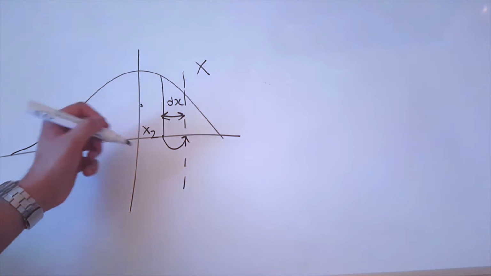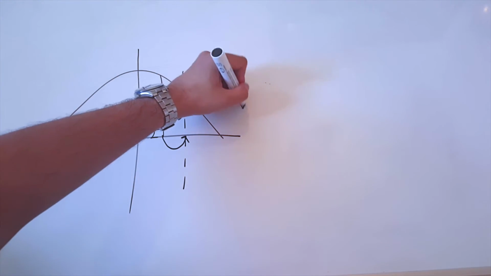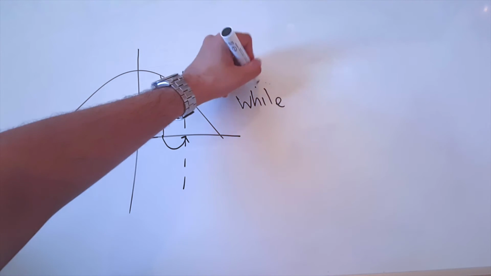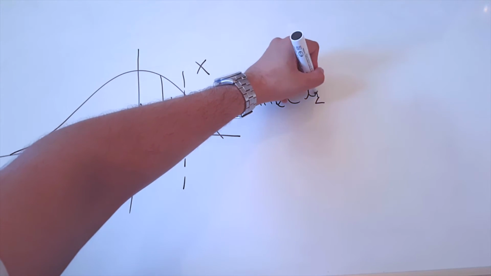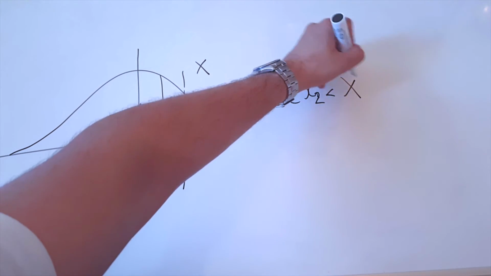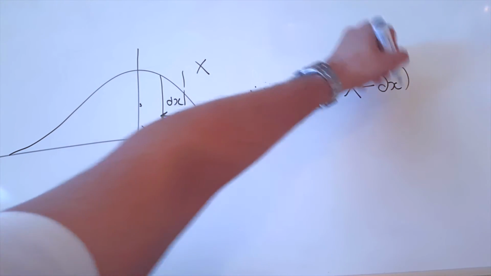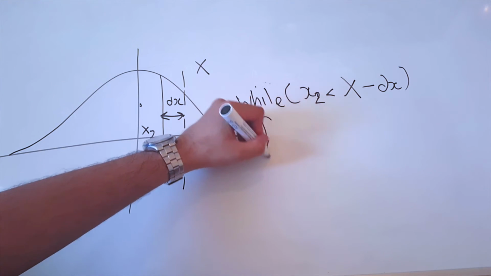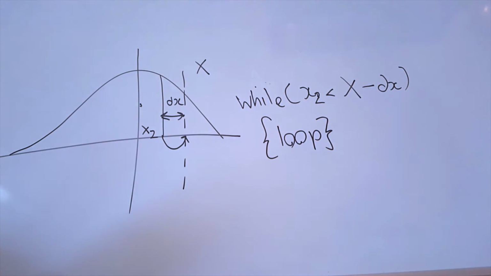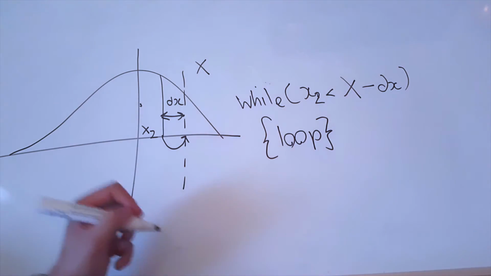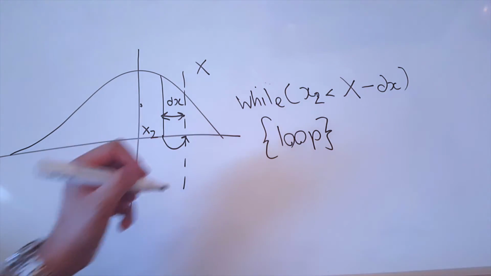So if we want to be one iteration away and land on capital X, we'd say while x2 is less than capital X, take away one iteration. Remember that one iteration is dx. So while x2 is less than capital X minus dx, we run our iterative loop.